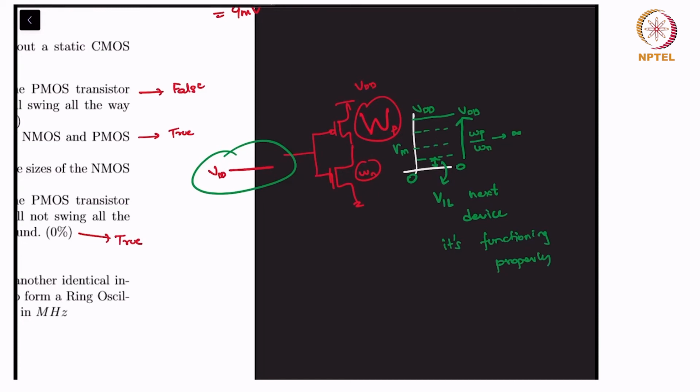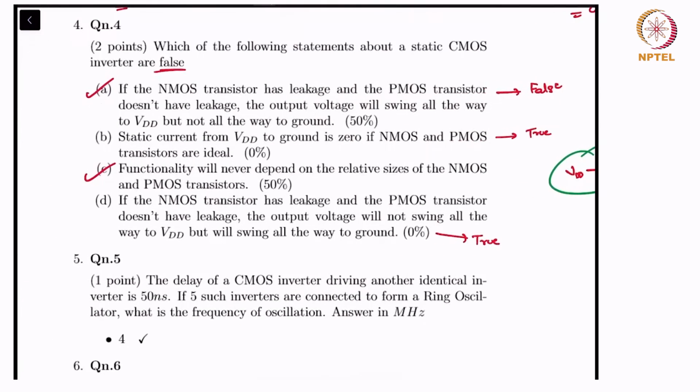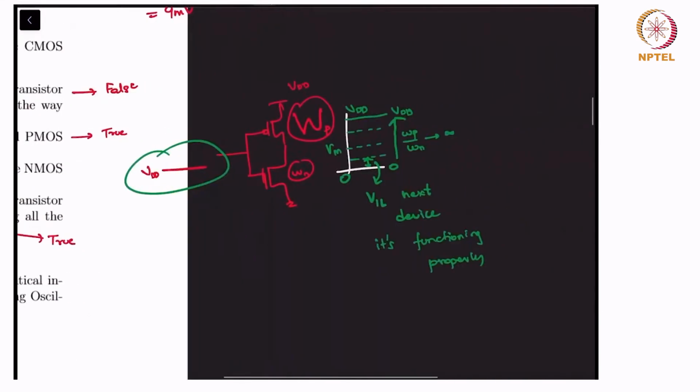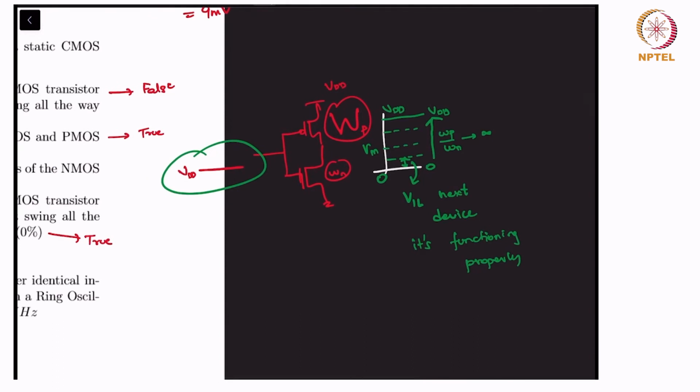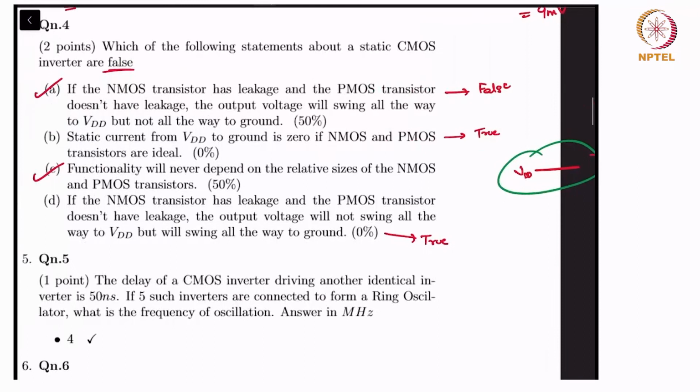So quite clearly it is not true that functionality doesn't depend on the relative sizes. Only if the relative size is such that the output voltage is less than VIL will we say that it's a functioning inverter. So this is false.